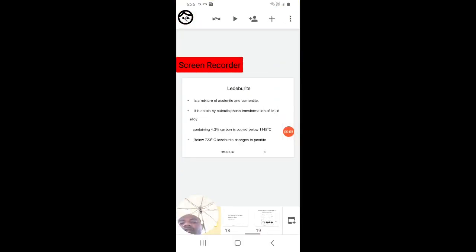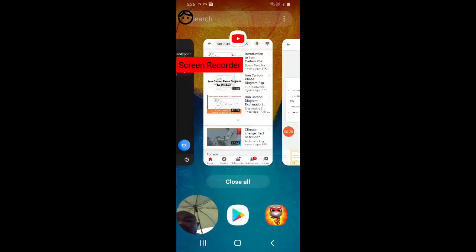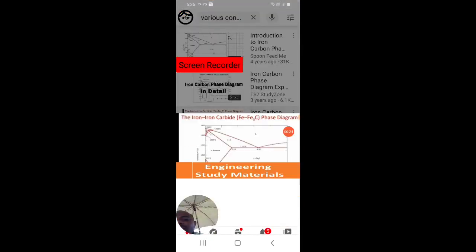Suppose you will see the animation of how these constituents occur. After that we will explain.